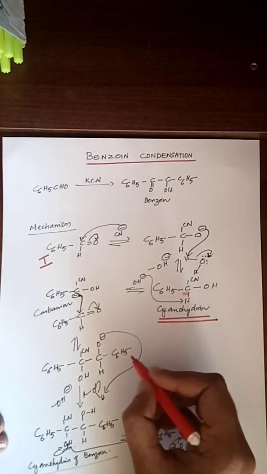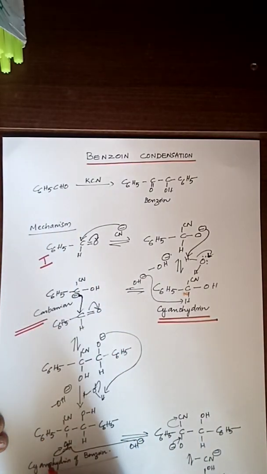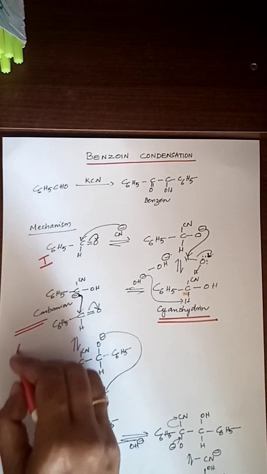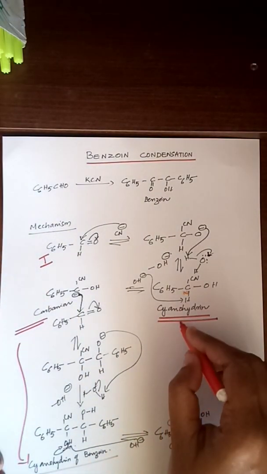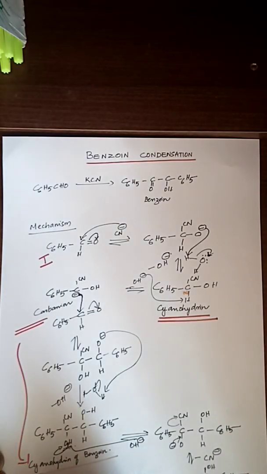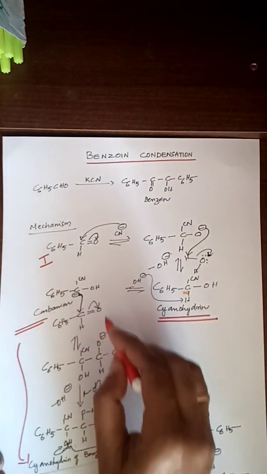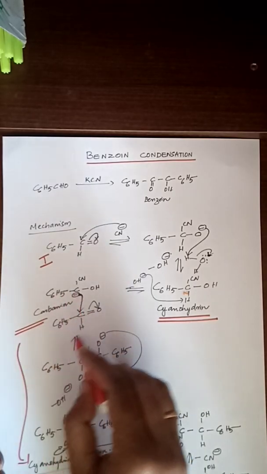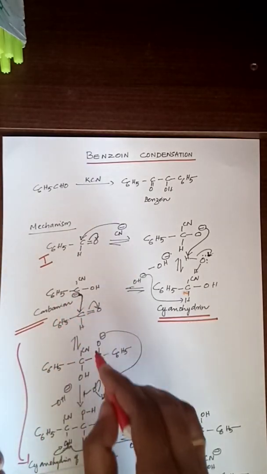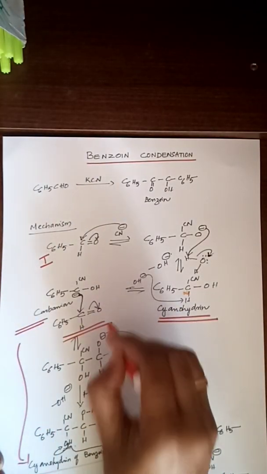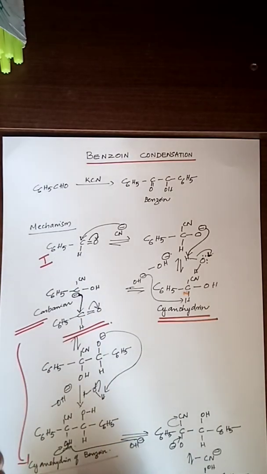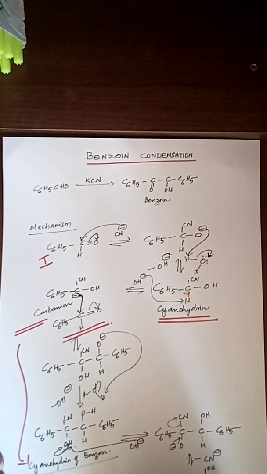Then the cyanohydrin forms a carbanion intermediate in step 2, which leads to the formation of the cyanohydrin of benzoin by base-catalyzed addition of the cyanohydrin onto another aldehyde, the second aldehyde molecule. And the cyanohydrin of benzoin, when it loses one HCN, results in the formation of benzoin.